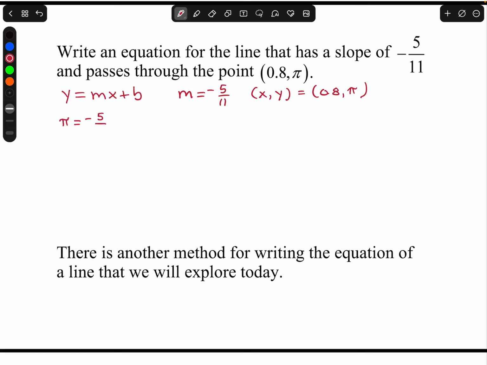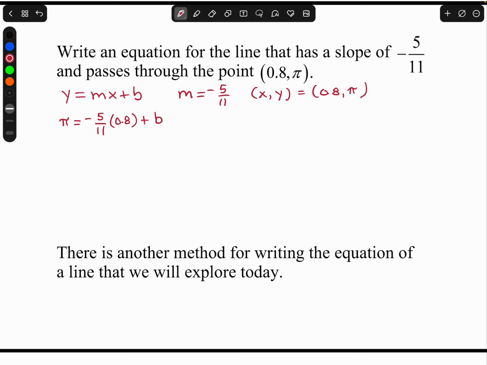So our y value is pi. We'll put that in. Our slope is -5/11. Our x value is 0.8. And then we have plus b. As we go through and try to solve for the y-intercept, this is kind of hairy. We've got pi, we've got a fraction, and we've got a decimal.